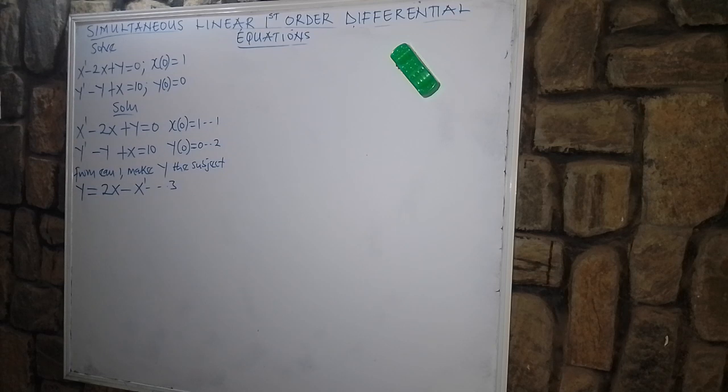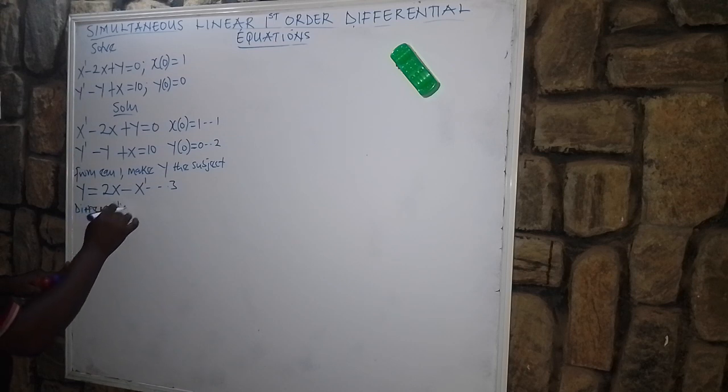Okay, then at this point, what we are going to do is differentiate this equation implicitly with respect to x, so that we'll be able to substitute it into equation 2, since equation 2 has y prime. So we differentiate equation 3.